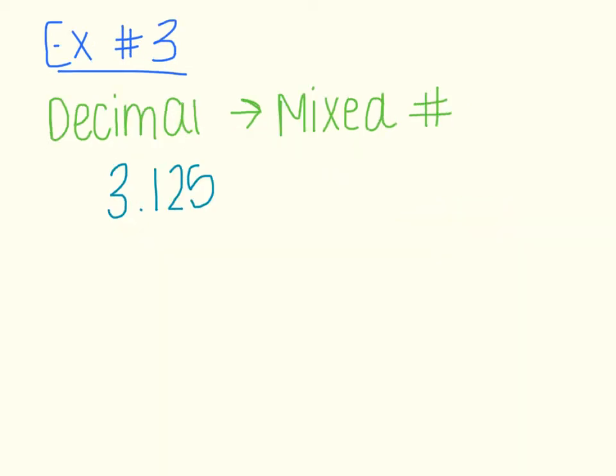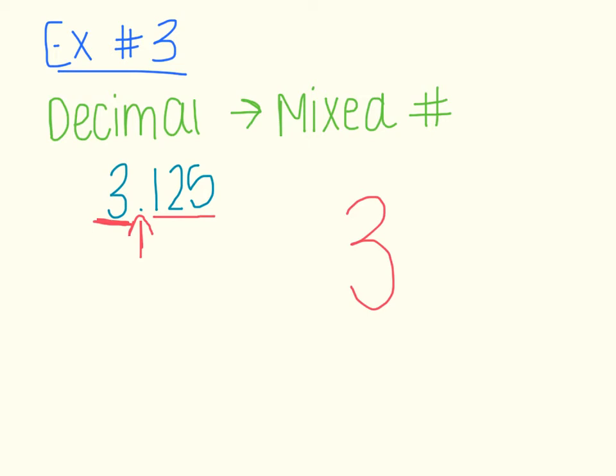All right, so now we have a decimal and we're going to make it into a mixed number. Again, same thing, but now we just have a whole number also. So we keep anything before the decimal the same. So my whole number is 3, and it just stays as 3. Now I need to take everything after my decimal and make it into a fraction.